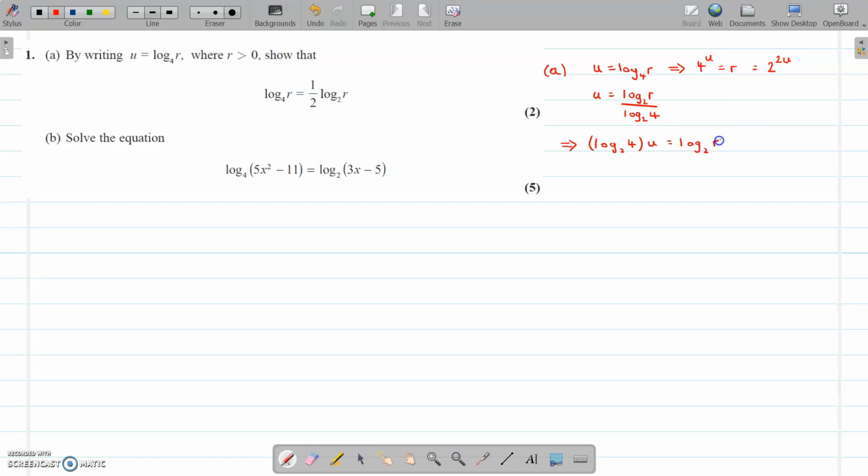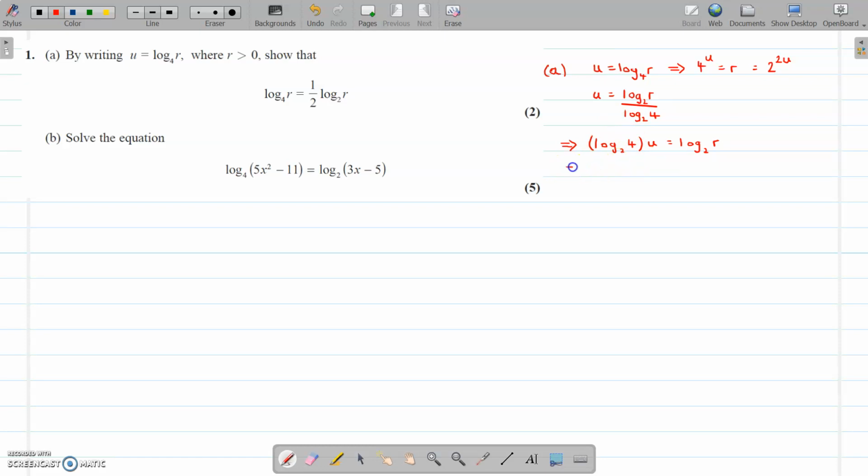Okay, and I can also now rewrite that log to base 2 of 4 as its actual value, because the log to base 2 of 4 is of course 2. Okay, because 2 squared is 4. So I'm going to replace that with 2.